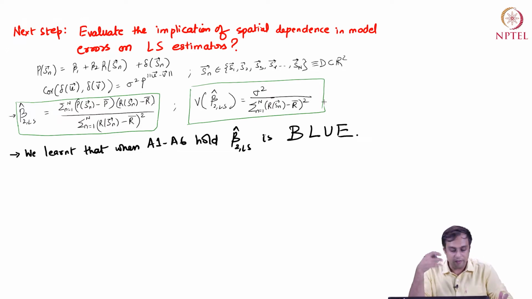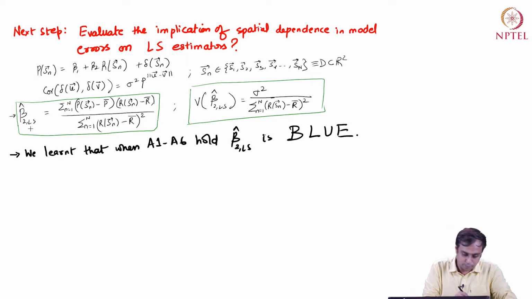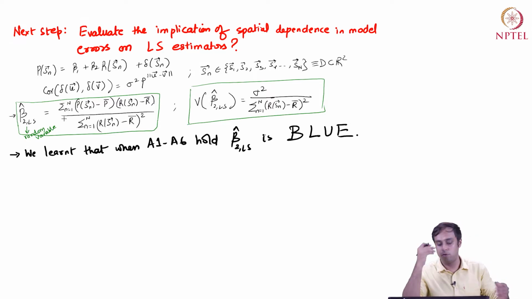Okay, so we figured that we will get an estimate of this coefficient beta 2 based on the least squares algorithm, which is beta hat 2 OLS, equal to the covariance between P and R divided by the variance of R. We also figured that this beta hat 2 OLS is a random variable by itself, and so what we also have to report is its precision metric, which is the variance of beta hat 2 LS, right?